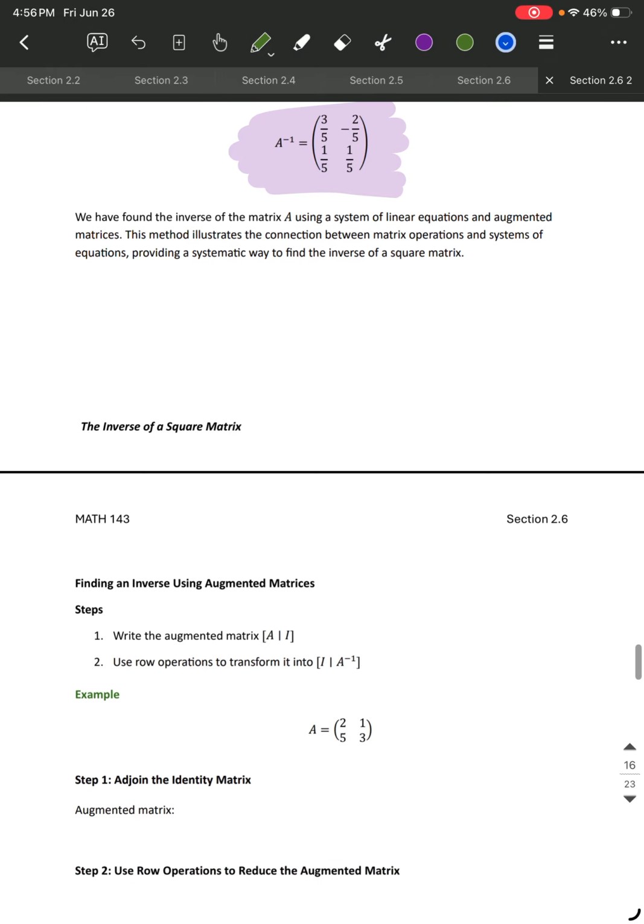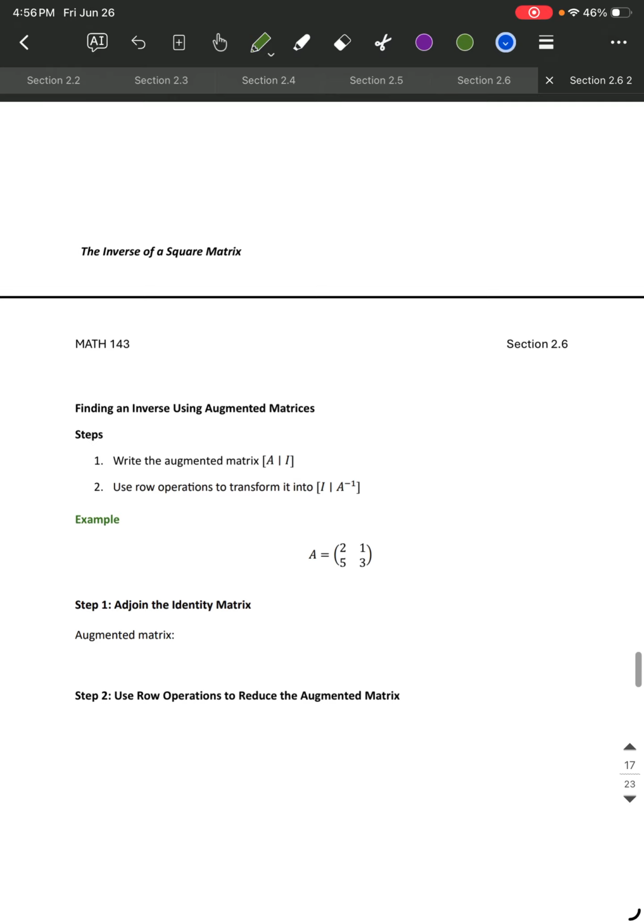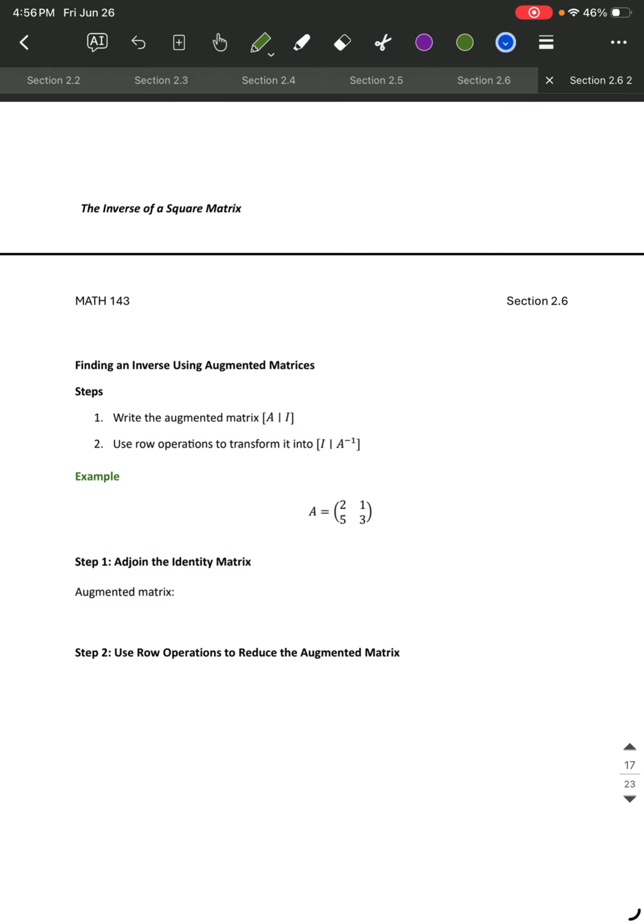Okay. Finding an inverse using augmented matrix. So first write the augmented matrix, like in the left the matrix A and the vertical line afterward the identity matrix.